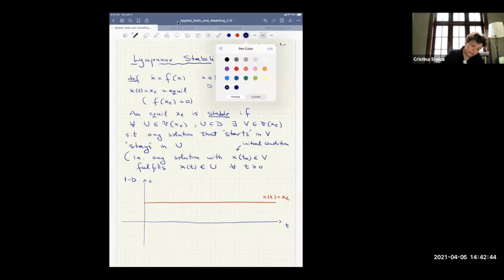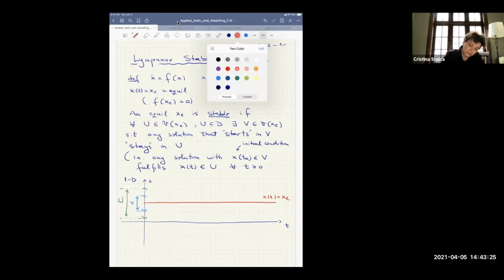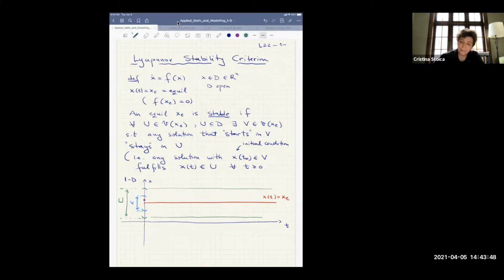Now the definition says that for any neighborhood, any open interval that has Xc inside, any U in here, there is another neighborhood, let's say this V in light blue, so that whatever starts in V, I will do whatever, but I will not go further than U. The neighborhood U would be like this slab.